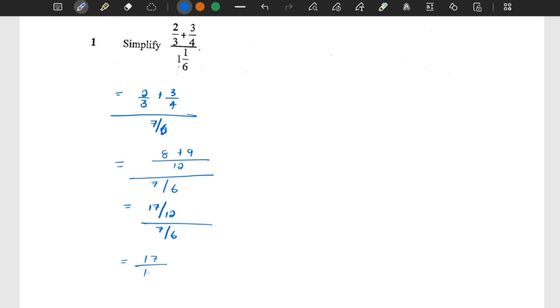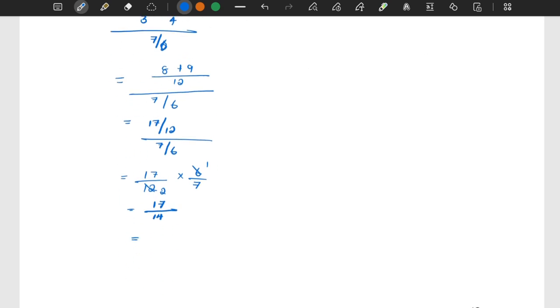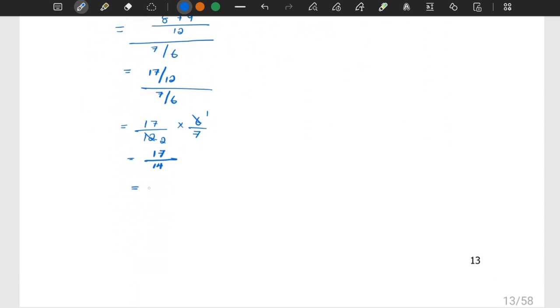So that's going to be 17 over 12 times 6 over 7. 6 into 6, 1. 6 into 12, that is 2. So then we end up with 17 over 14, right? And simplifying that into a mixed fraction, that's going to be 14 into 17, 1, remainder 3 over 14. And that's the answer.